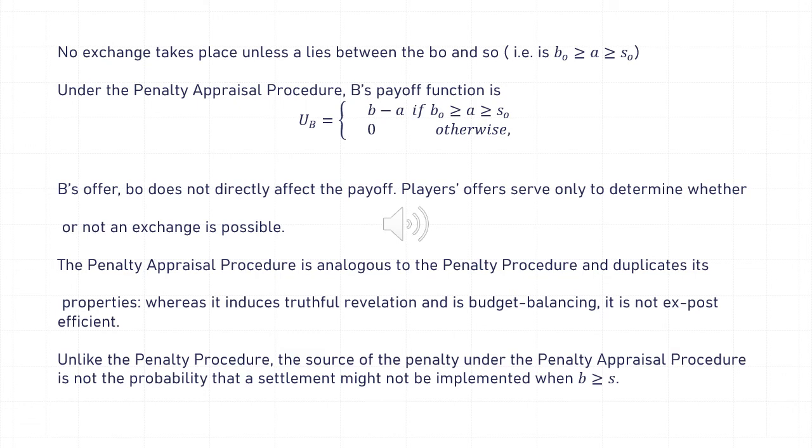The penalty appraisal procedure is analogous to the penalty procedure and duplicates its properties, whereas it induces truthful revelation and is budget balancing. It is not export efficient, unlike the penalty procedure. The source of the penalty under the penalty appraisal procedure is not the possibility that the settlement might not be implemented.